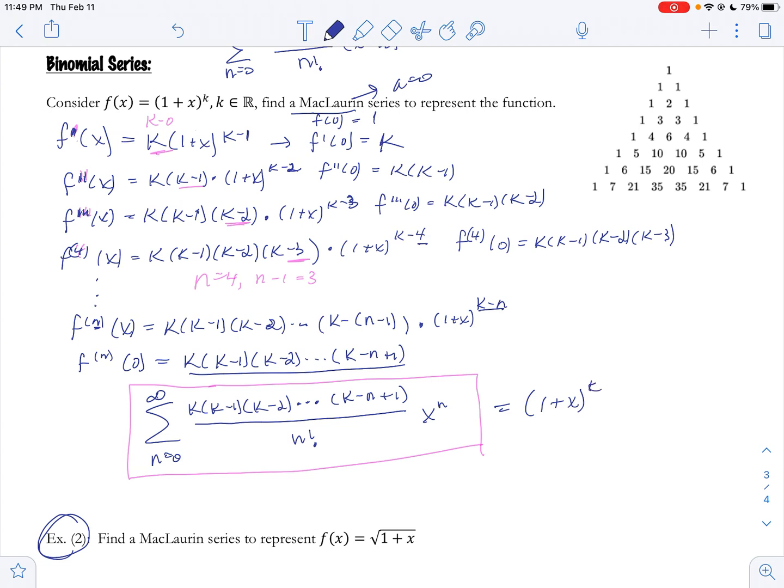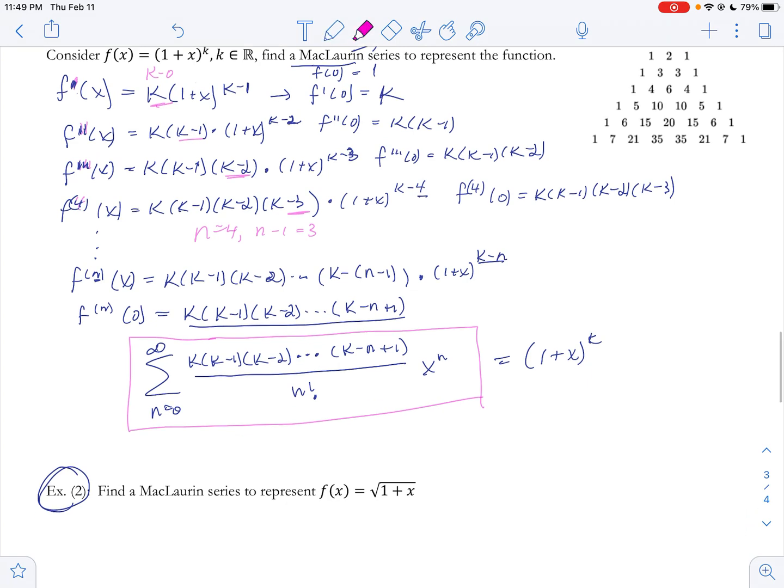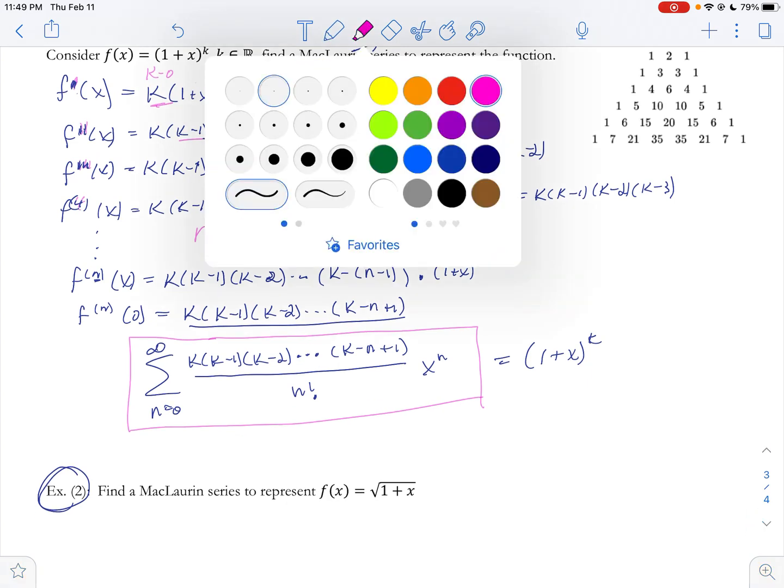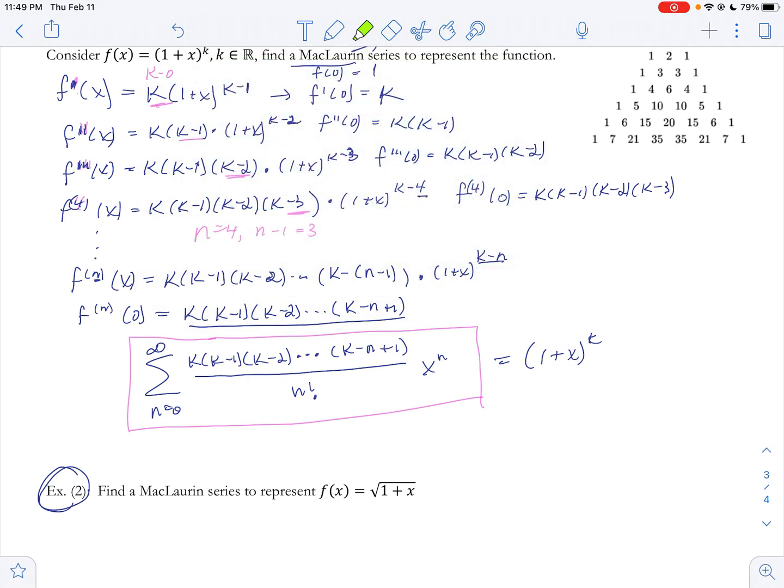What's interesting about this, and this is why it's called the binomial series, is that this stuff right here, if we choose a k and plug in minus 1 and minus 2 and all of that, and then divide it by n factorial, we're going to get the coefficients in these rows of Pascal's triangle.